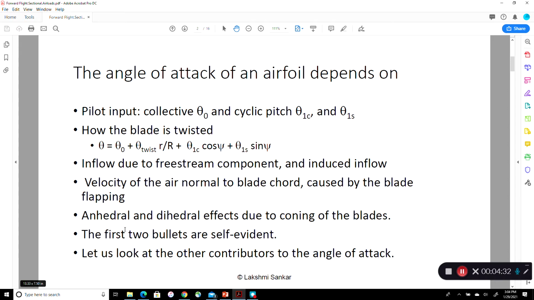Then there are some effects which we call unhedral and dihedral effects due to the coning of the blades. So we are going to look at these three bullet items one by one, because the first two bullets are kind of pretty straightforward. Then we had to combine them, all of them, to come up with the angle of attack. So that's what we are going to be doing in this particular module.